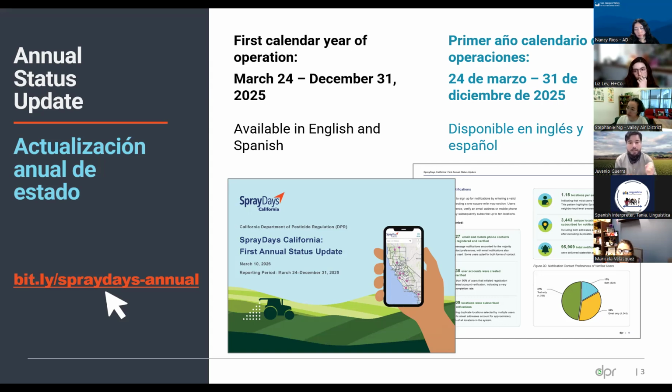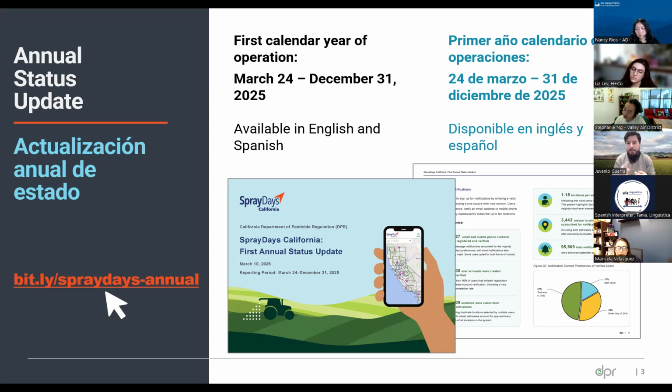You probably have the link for this already. If not, here's a short link if you want to access the annual status update. It's in English and Spanish, and it tells you a history of spray days, how the system works, how things get into spray days, what information spray days gives you.